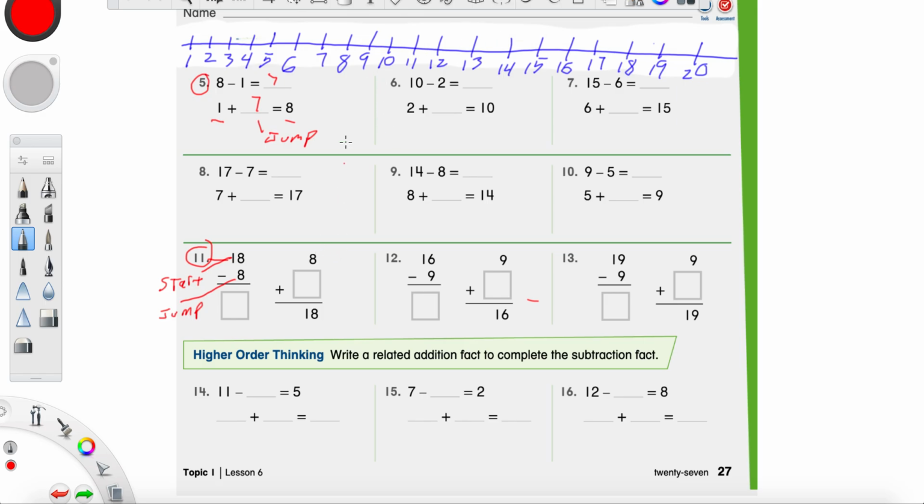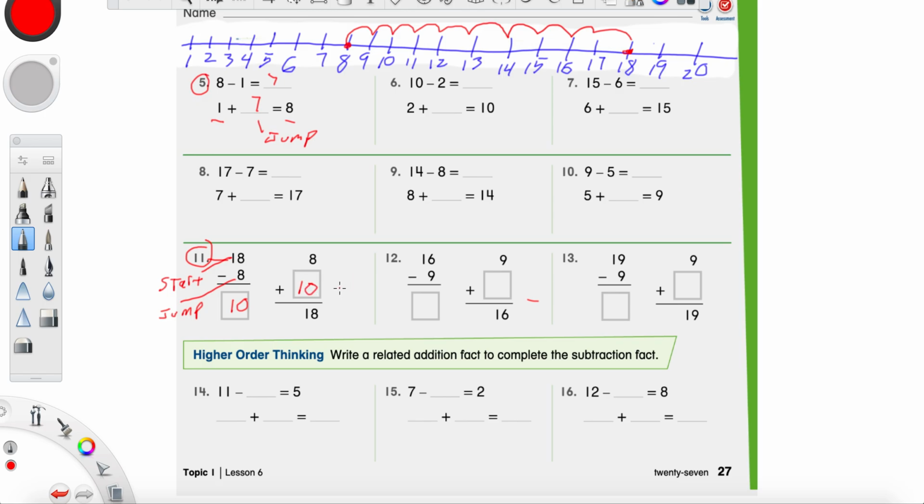So we can put a dot on 8, put a dot on 18, and just count the jumps. 1, 2, 3, 4, 5, 6, 7, 8, 9, and 10. So 10 jumps. And we still got 10 the first time when we took away 8 from 18. And we double checked using a totally different method, which still gave us 10.